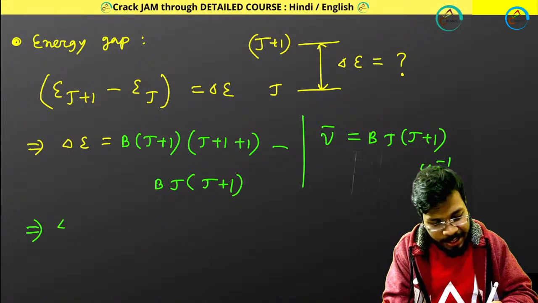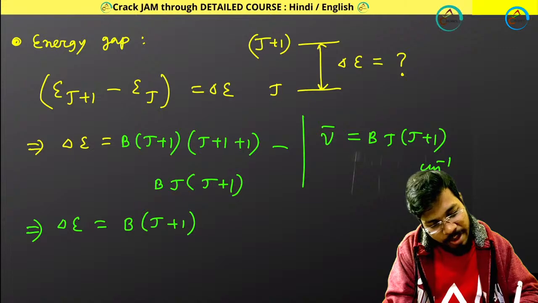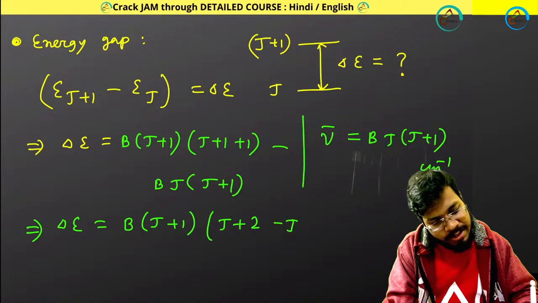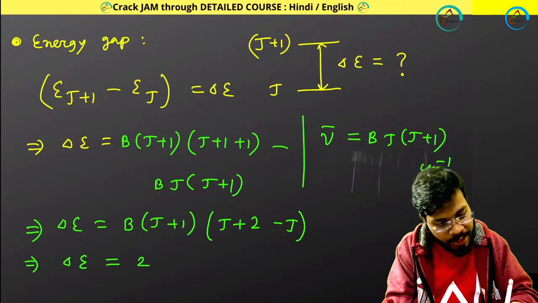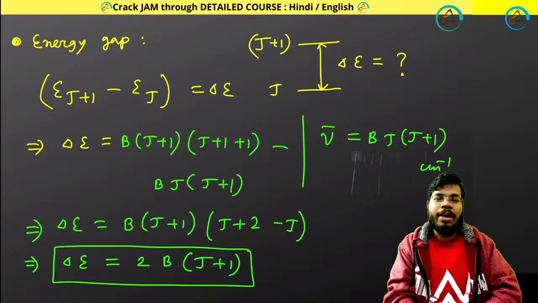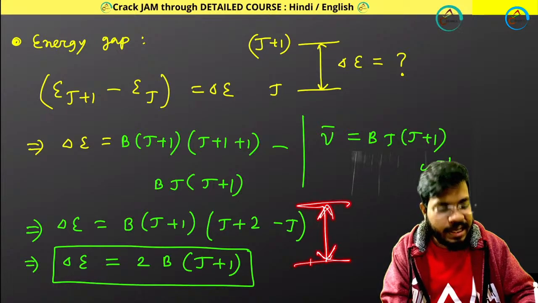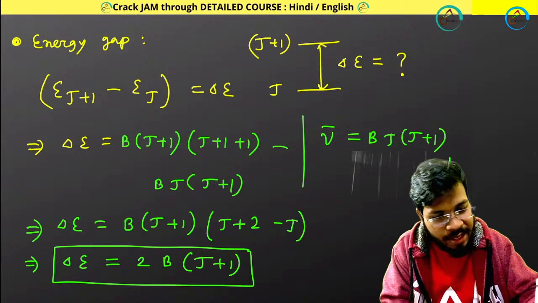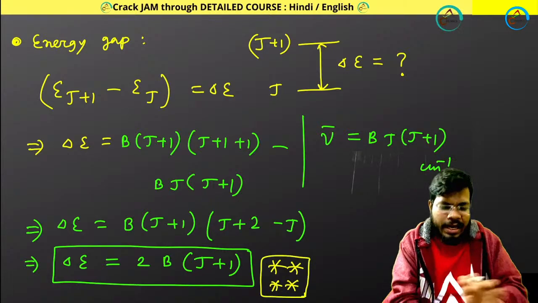Delta E will be B into J plus 1, and then you will have J plus 2 minus J. So minus J and plus J will get cut. Delta E equals 2B into J plus 1. This will be the energy gap. In this way, you can easily calculate the energy gap of two energy levels. Simple. This expression is very important for the IIT JAM examination. Even in NET and GATE examinations, questions come from this part.